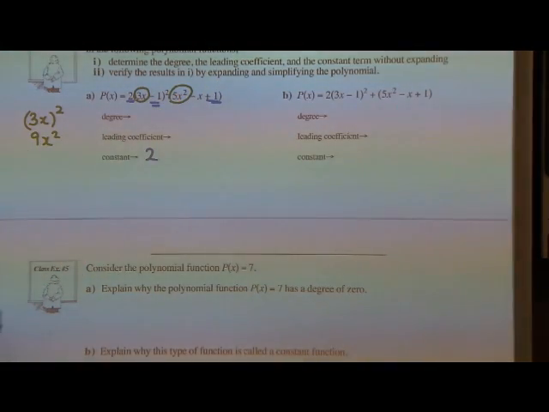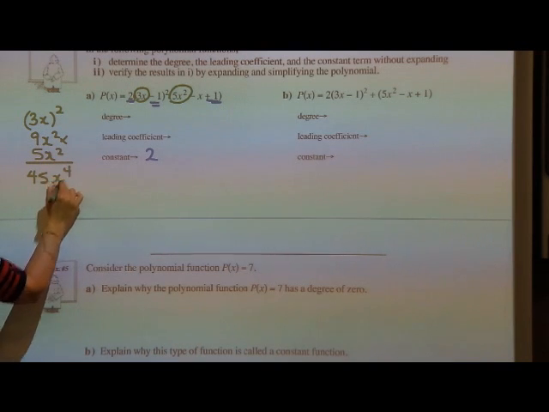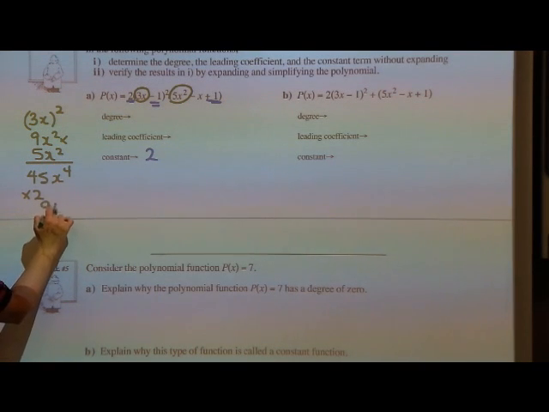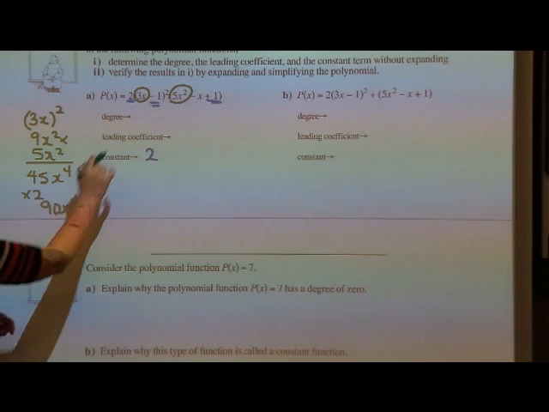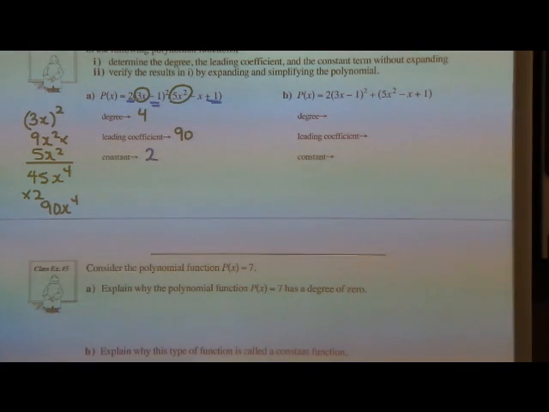So when I multiply it by 5x squared, I will get 45x to the power 4, and then I still have to multiply it by 2. So I will get 90x to the power 4. So that means my degree is 4, and my leading coefficient is 90.